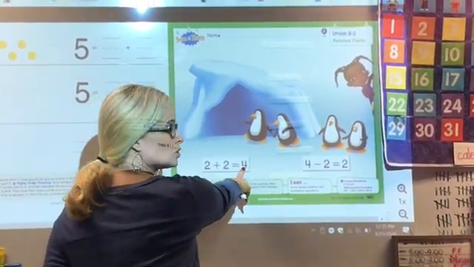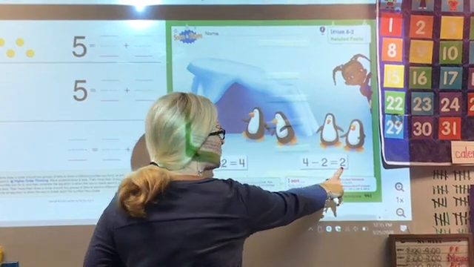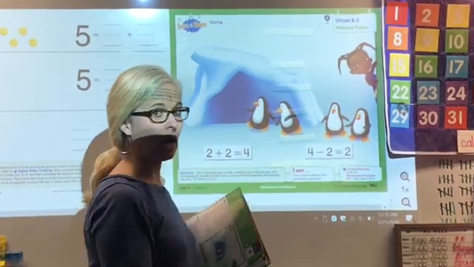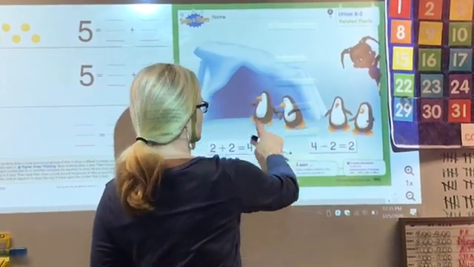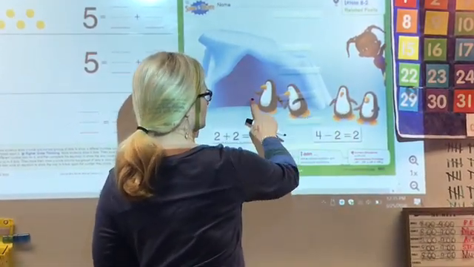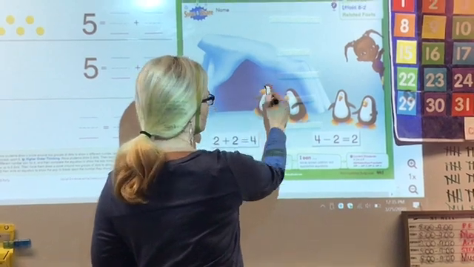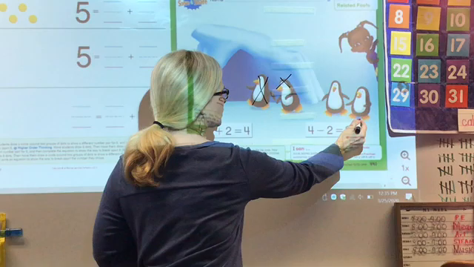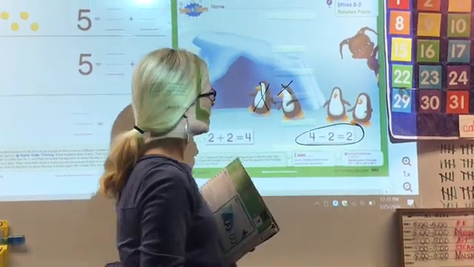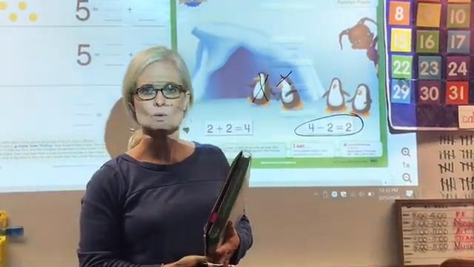Do we end with 2 here, or do we end with 2 here? I say we end with 2 here. We started with 4. 2 went away inside, and then 2 were left. So the correct answer would be 4 take away 2 is equal to 2.